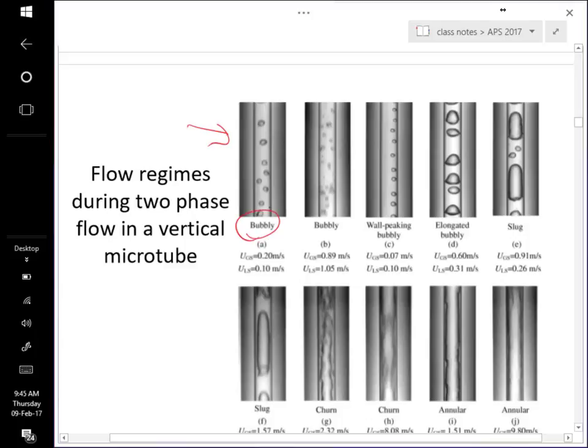And then as you increase the ratio of gas to liquid, the bubbles become larger and go from these roughly circular shapes to more shapes that are spanning the diameter of the tube, and they have this characteristic shape where they're flat on the bottom and then more rounded on the top.